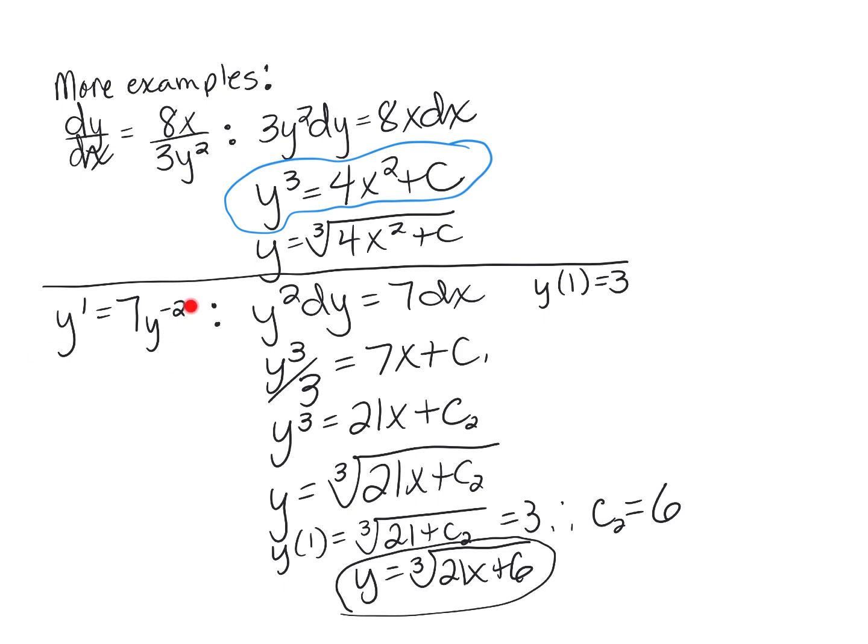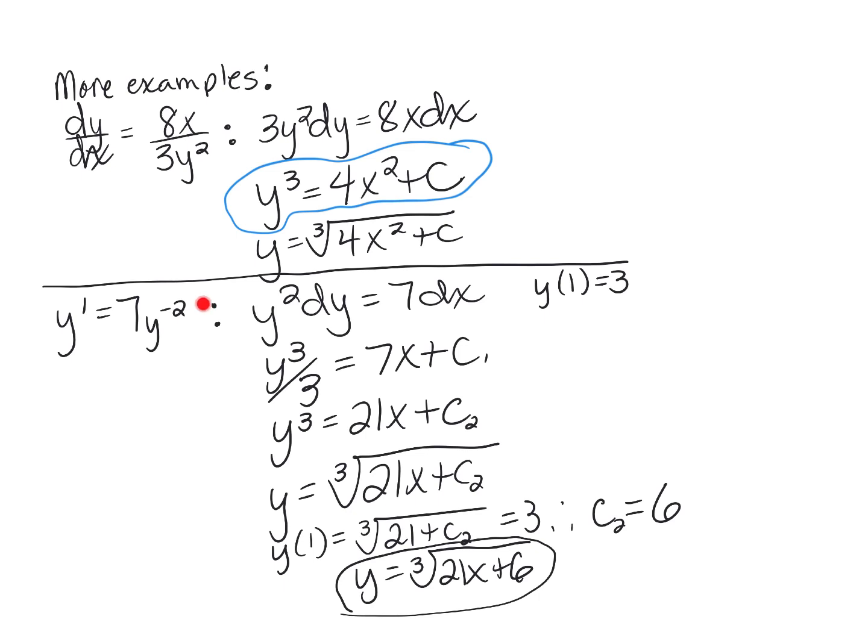Next, let's look at this one right here. This problem right here, y to the negative, I multiply both sides by y squared, and I'm left with y squared dy and 7 dx on the right-hand side, and we have a boundary condition or some sort of constraint to plug in at the end.